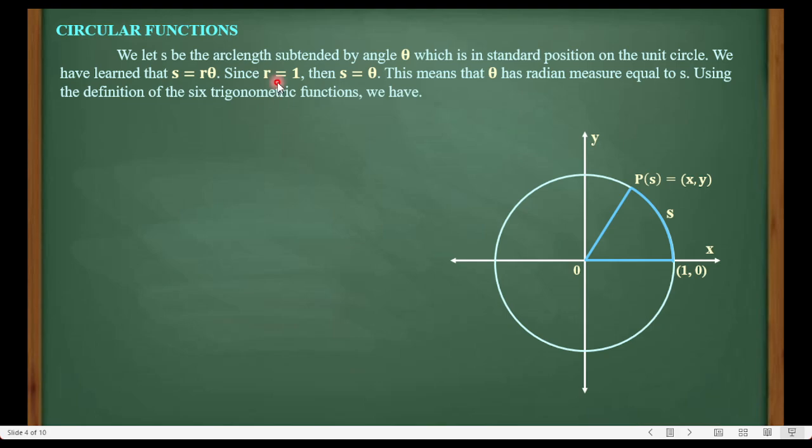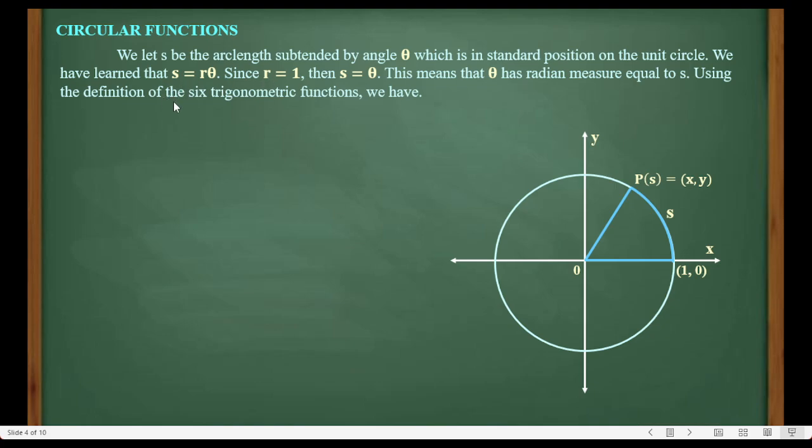Now, since R is equal to 1, then S is equal to theta. So, this is the formula. If we declare that R is 1, therefore, S here becomes equal to theta. This means that theta has a radian measure equal to the length of an arc, which is denoted by S.